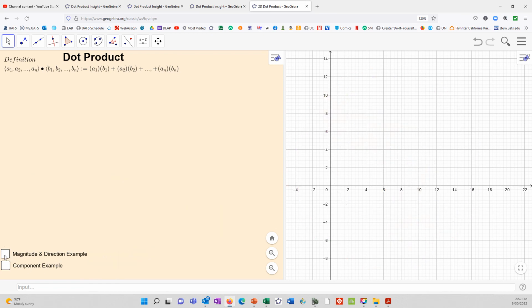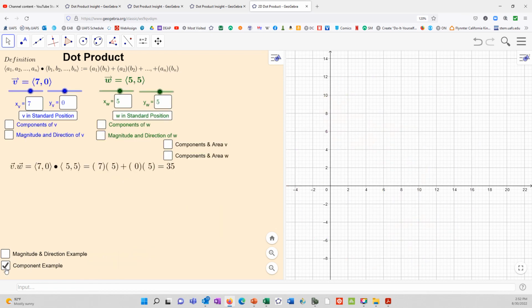Now, by the way, this particular app allows us to enter in the component form. So I could have done, by choosing these to be natural numbers by doing the sliders, basically the same thing that was in Mr. Brzezinski's app that we looked at earlier.